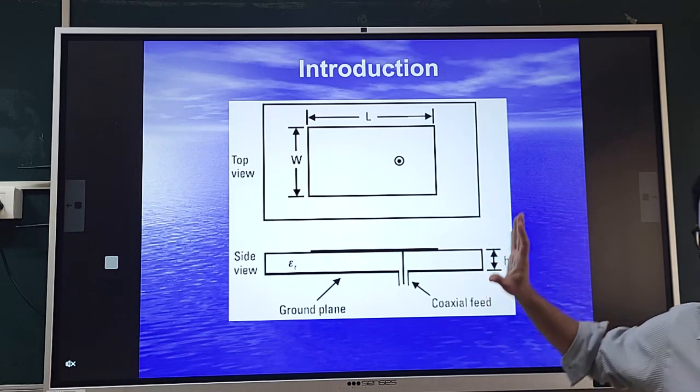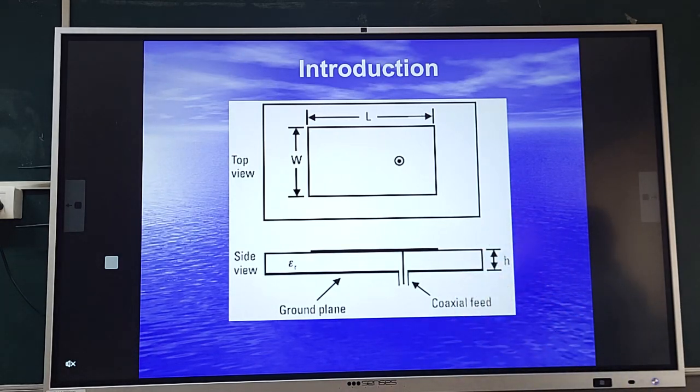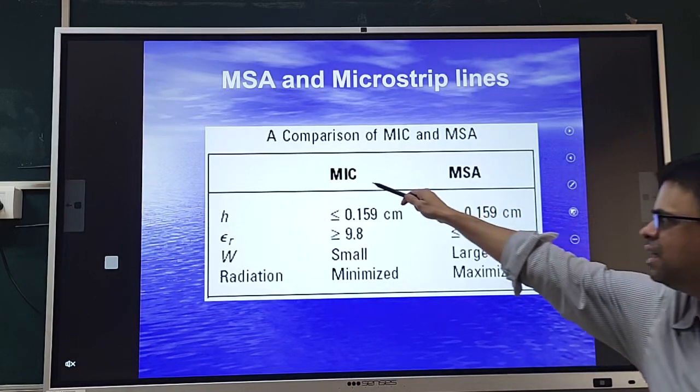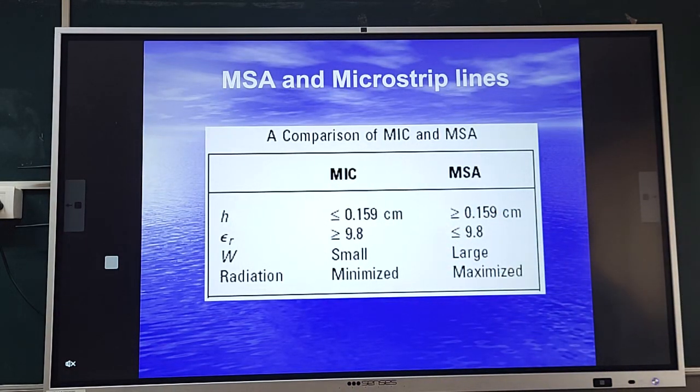Okay, so with respect to this we conclude that substrate thickness should be very large for a microstrip antenna, against microstrip lines. Dielectric constant should be as small as possible. So this is what that comparison was given here. See, MIC is microwave integrated circuits. Means what? They are basically printed circuit elements like an amplifier, like an attenuator or whatever you design.